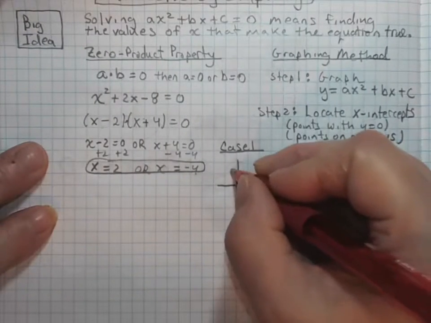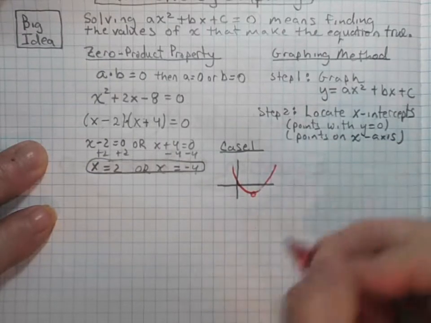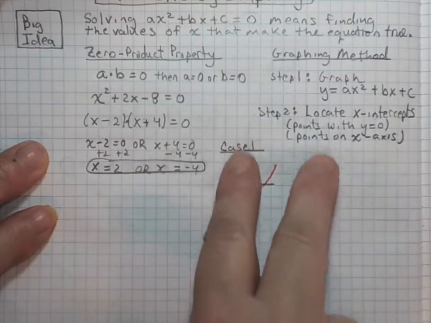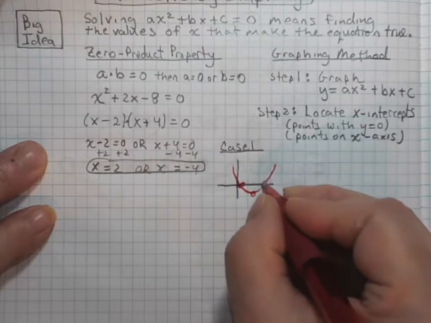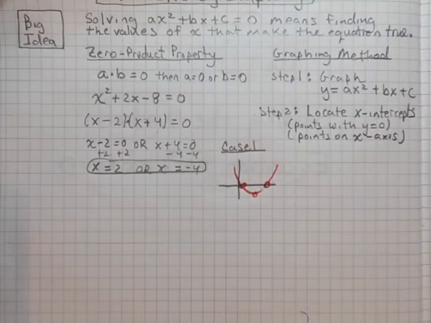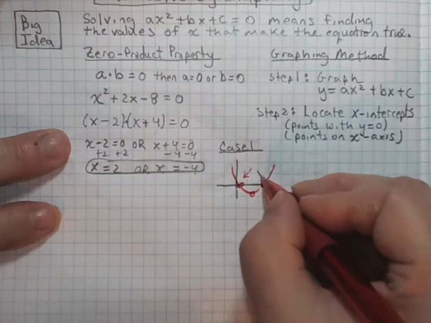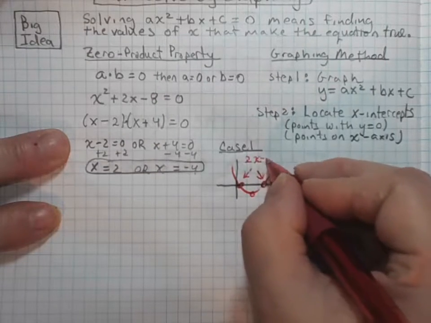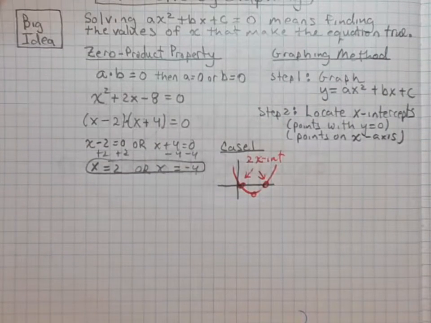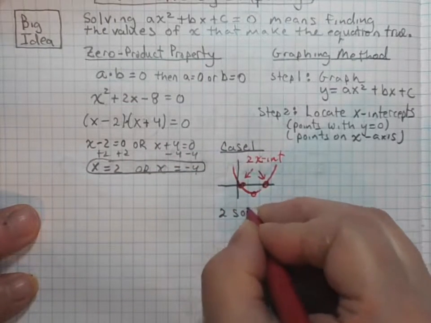If I draw a quadratic function, I'm just going to sketch it. Just want the vertex to be below the x-axis, but it's opening up. And you can see that it crosses the x-axis in 2 places. So there's 2 x-intercepts. Well, that means that there are 2 solutions.